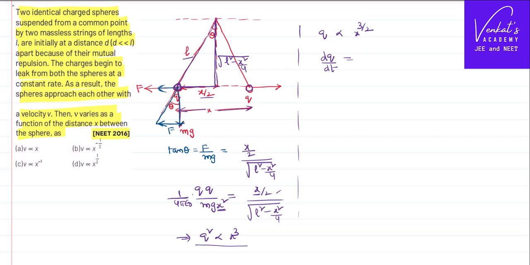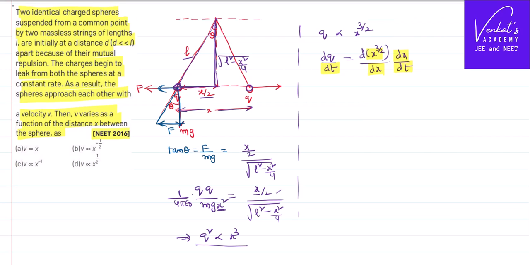What I can write is d of x power 3 by 2 by dx and dx by dt. See, what I have done is, there is dt here, but I am differentiating with respect to x, that's why I have multiplied and divided by dx, so that it is compensated, and we will be able to differentiate with respect to x.